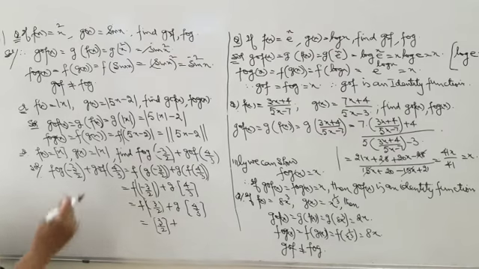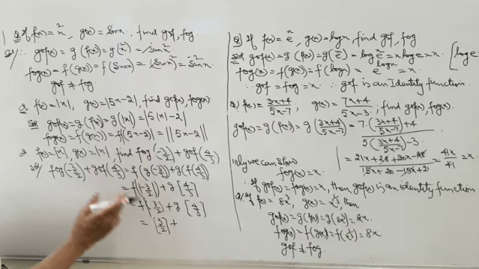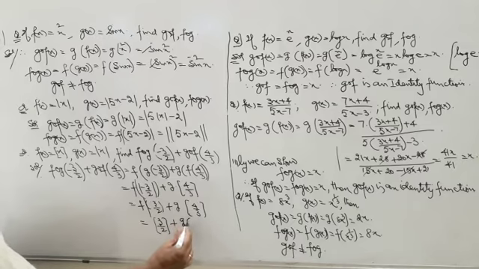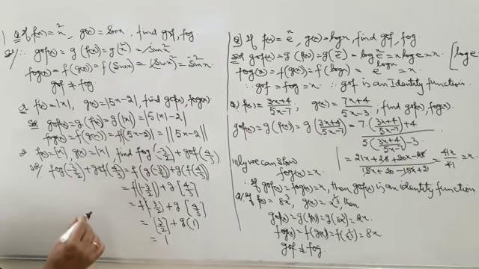Simplify this: the integer of 1 point something is 1, so it becomes 1, and the integer of 3 by 2 is 1, plus g of 1, which is the modulus of 1, so 1. This is equal to 2.